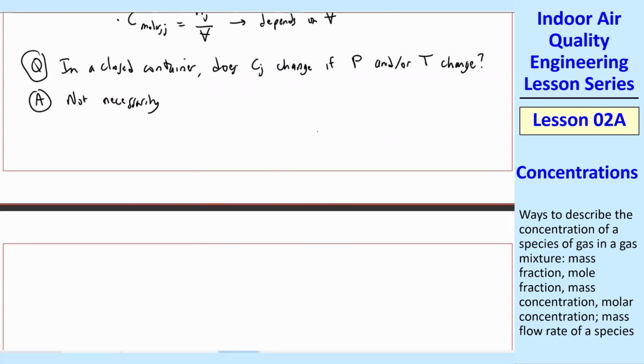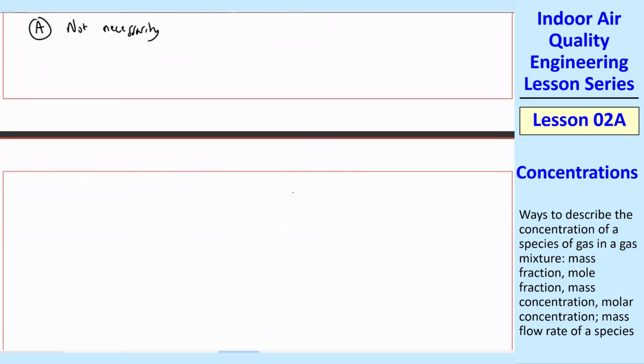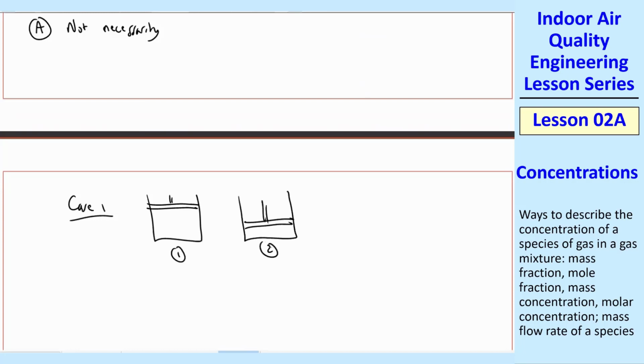I will again use the same kind of logic here. Let's look at case 1, where we have some tank-piston arrangement, and all we do is compress it to state 2. Here we know that P has gone up and V has gone down, and temperature has gone up unless you have some heat transfer going on.